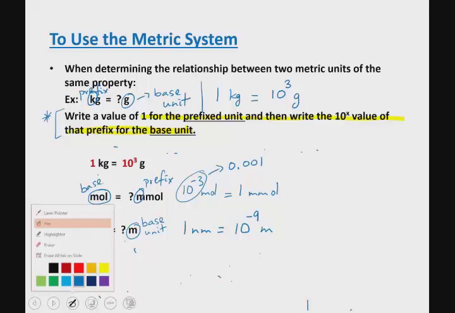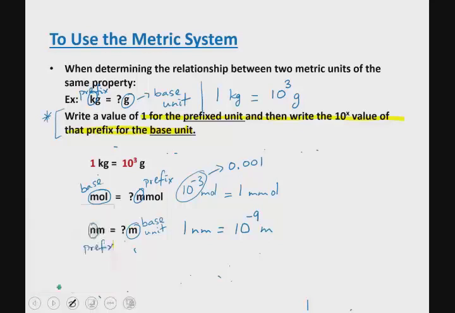Now, for those of you who are very comfortable with the metric system, hopefully you recognize that each of these equations can be written in two different ways. In other words, if 1 kilogram is equal to 1000 grams, you can also say that 10 raised to minus 3 kilogram equals 1 gram. Totally fine to do that.